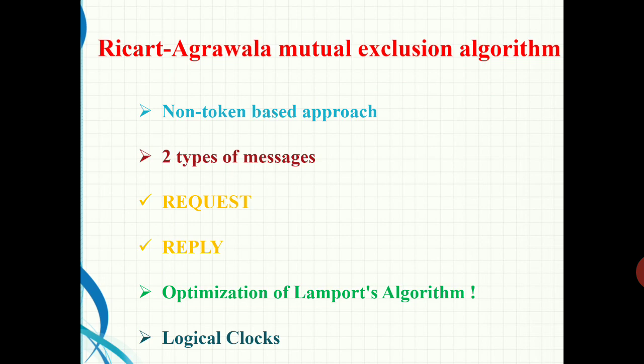The Ricart-Agrawala algorithm is an optimization of Lamport's algorithm that dispenses with the release message by cleverly merging it with the reply message. That is, here we are using two messages, a request and a reply, not using the release message.